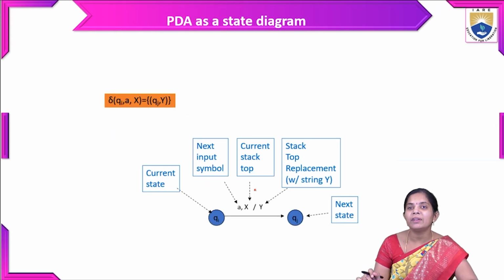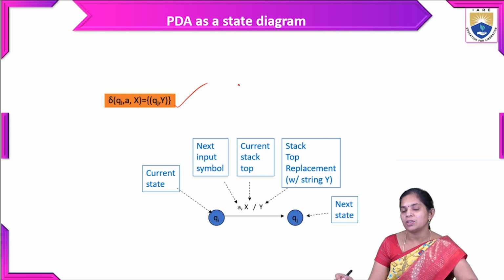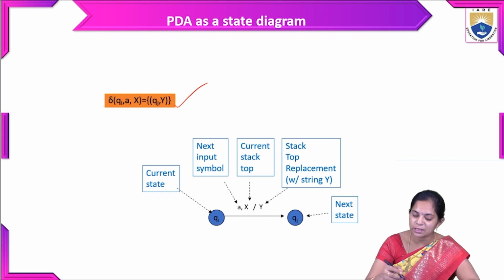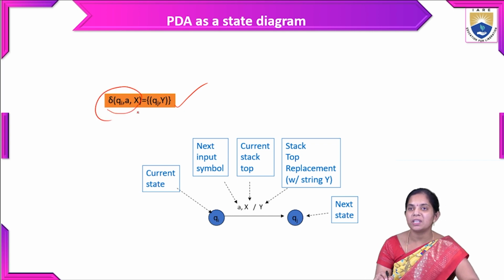And here the graphical representation, the state diagram of pushdown automata. We already discussed the ID representation, that is nothing but instantaneous description. In that, these three values are already discussed. This is a triple notation.